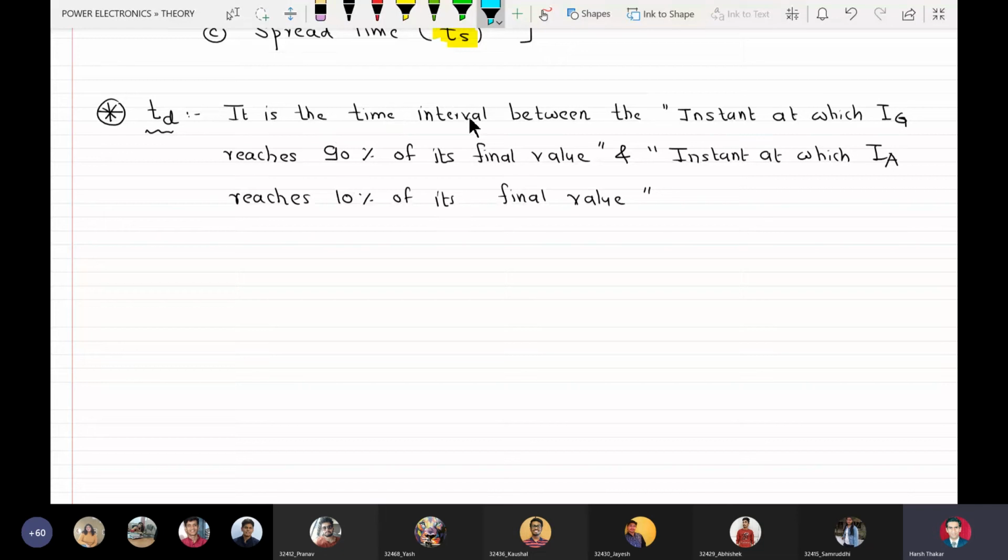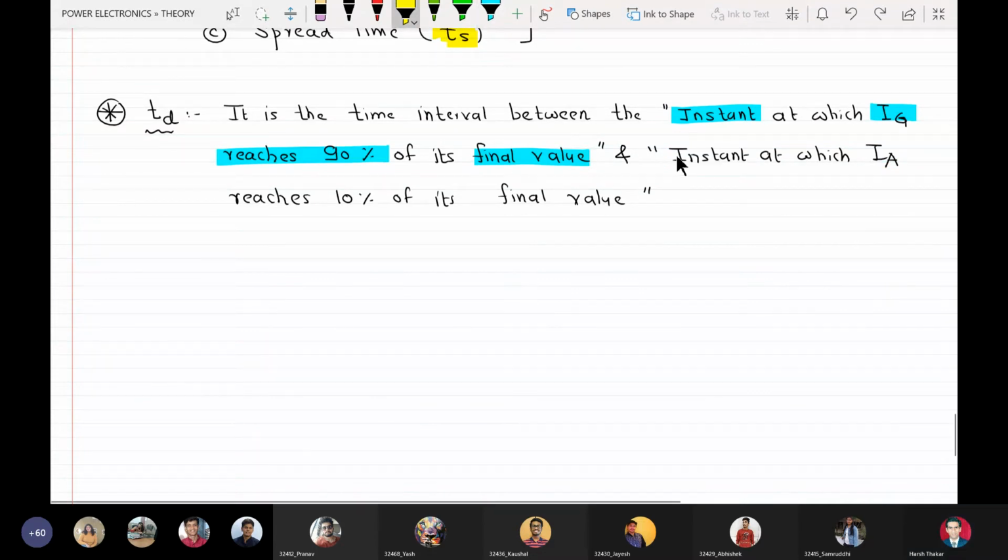Okay, so it is a time interval between the instant at which Ig reaches 90% of its final value and the instant at which Ia reaches 10% of its final value.